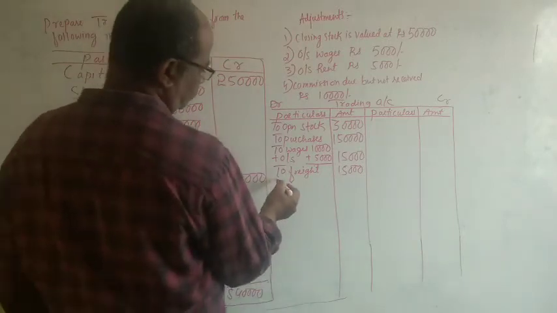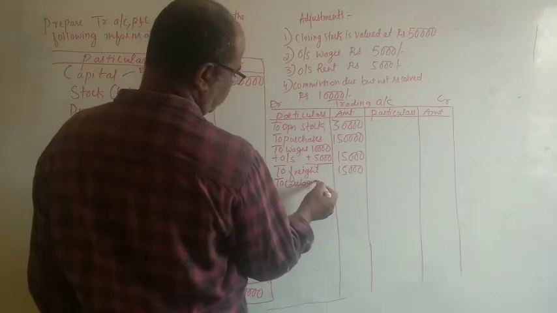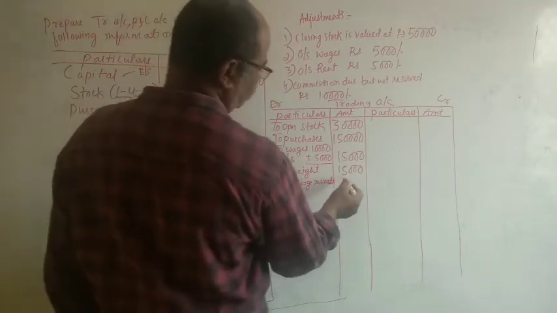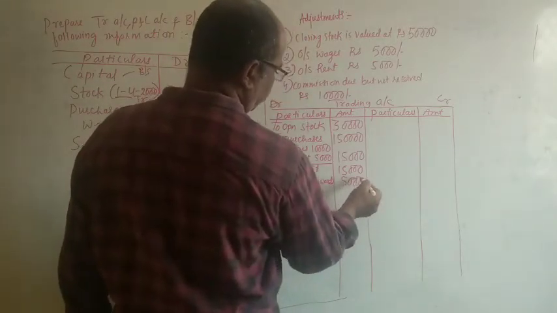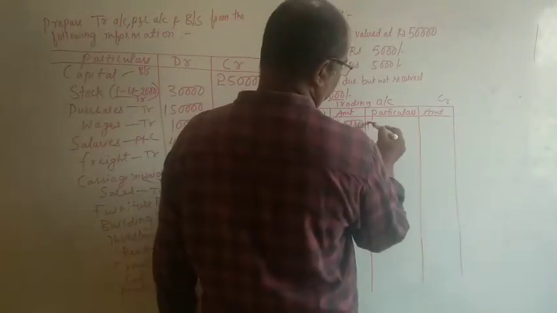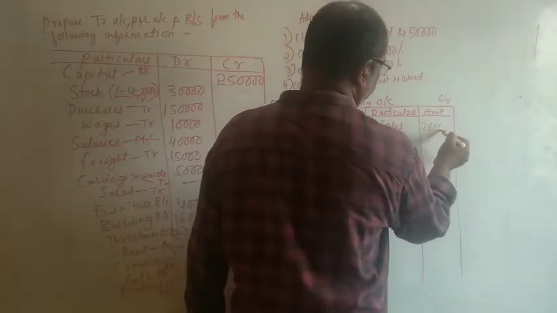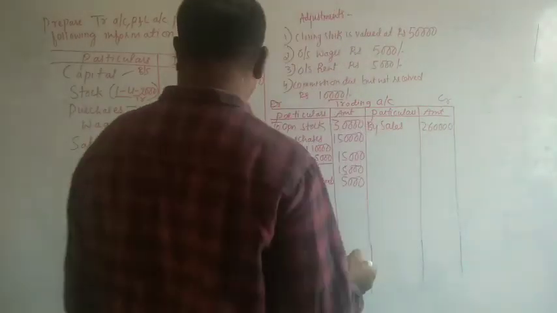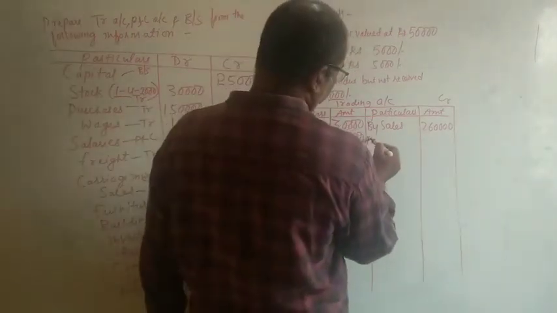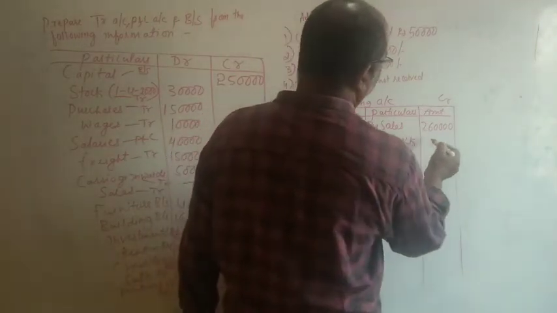Carriage inwards 5,000. By sales 2,60,000. Closing stock 50,000.